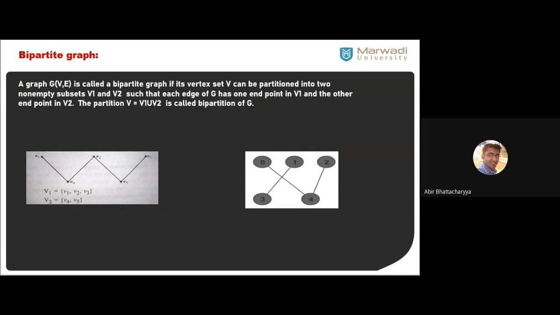Now, what about this? What are the partitions here and how many partitions are possible? Please tell me what the partitions are in the next graph, G. Write down on the chat box.